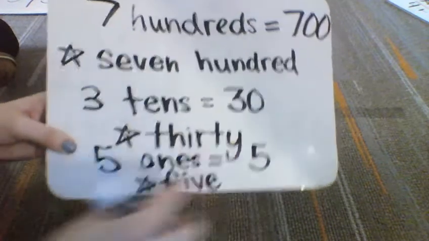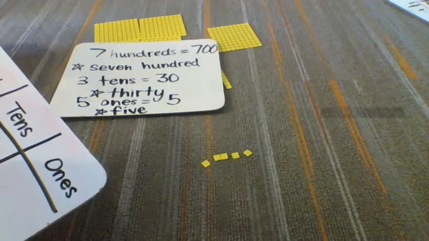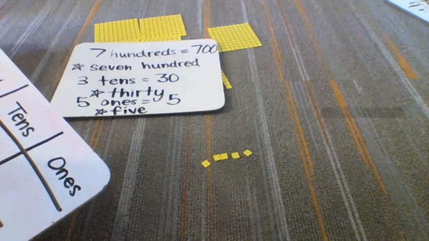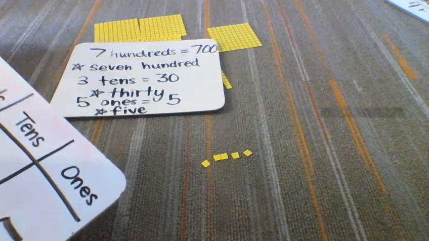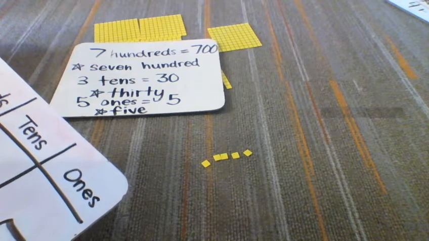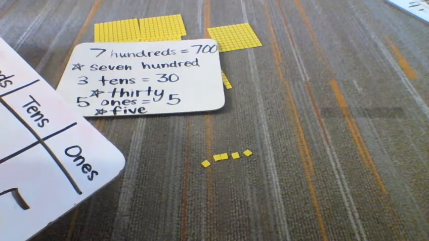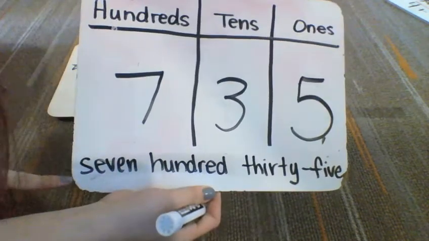We're going to put all of these together. So 735 is the same as saying this, the word form for 735.